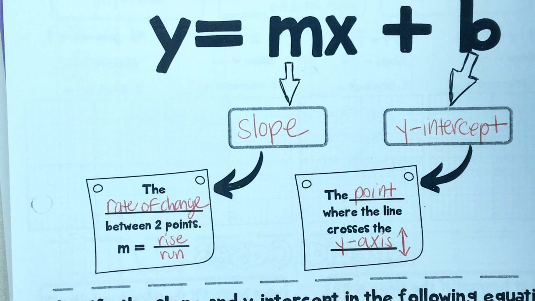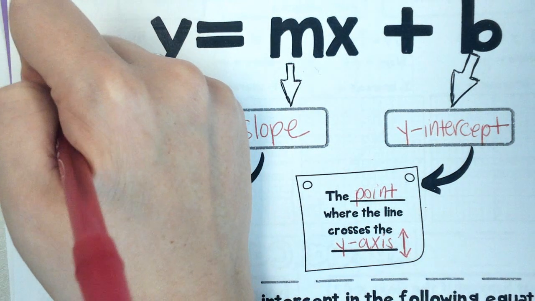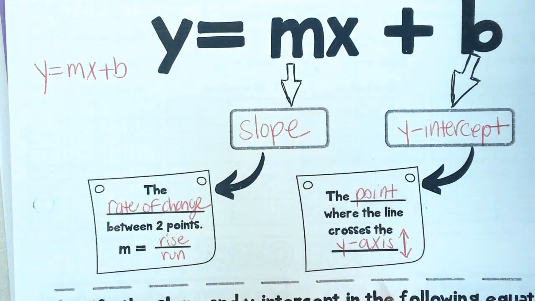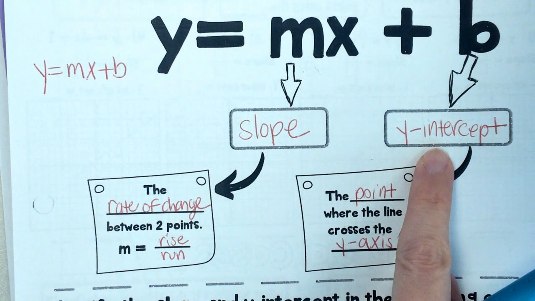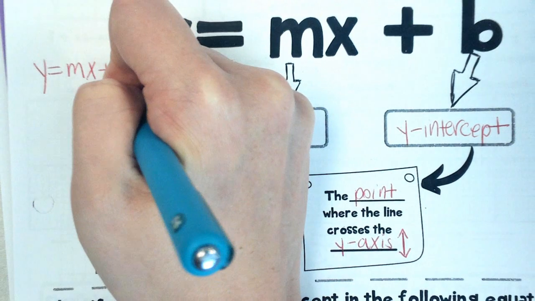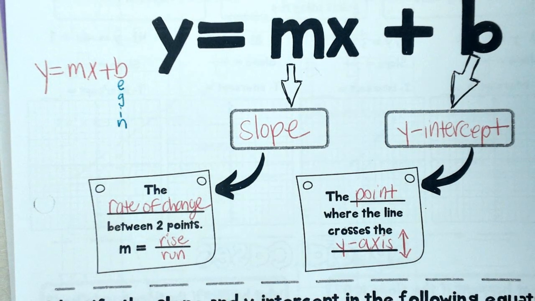Now, something that I was taught when I was in middle school, and I think it's very helpful: I want you to write down y equals mx plus b, right off to the side here. We think of our b, our y-intercept, as the point where we begin.